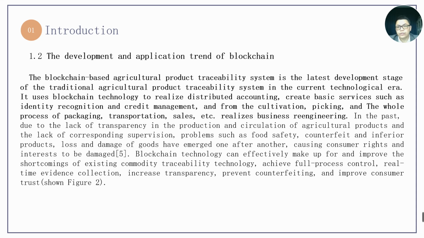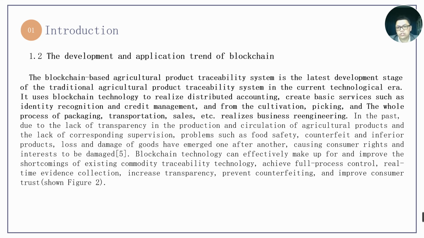1.2 The development and application trend of blockchain. The blockchain-based agriculture product traceability system is the latest development stage of the traditional agriculture product traceability system in the current technological area.